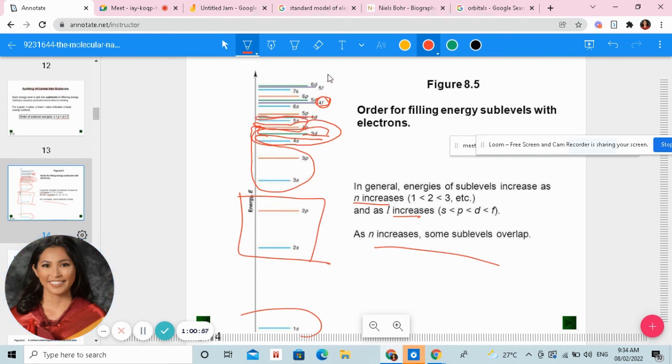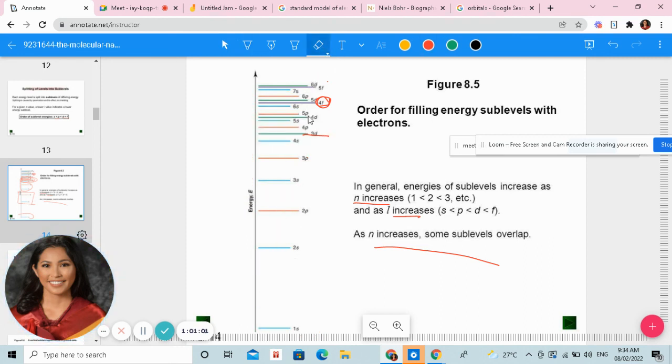Fourth shell. Okay. How many shells here in this diagram? How many shells? 4.